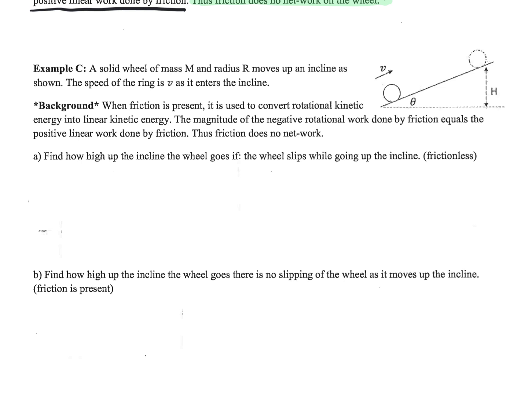That means the incline is frictionless. So if the wheel slips, is there any rotation? That's what you've got to ask yourself. No, it may have been rotating up to that point, but the minute it hits the incline, it's just sliding, isn't it? So this is your traditional mechanical energy in equals mechanical energy out.